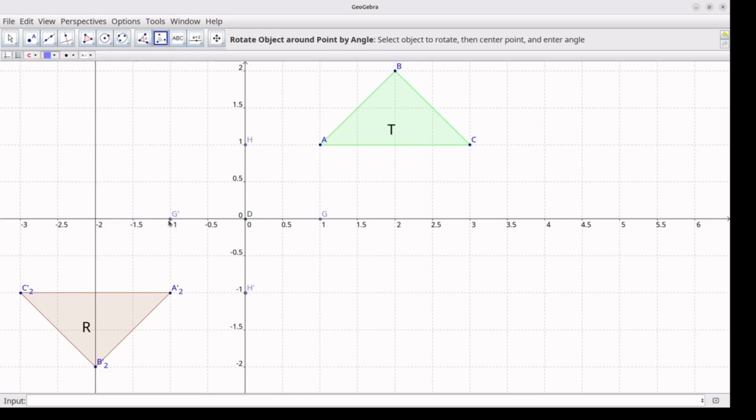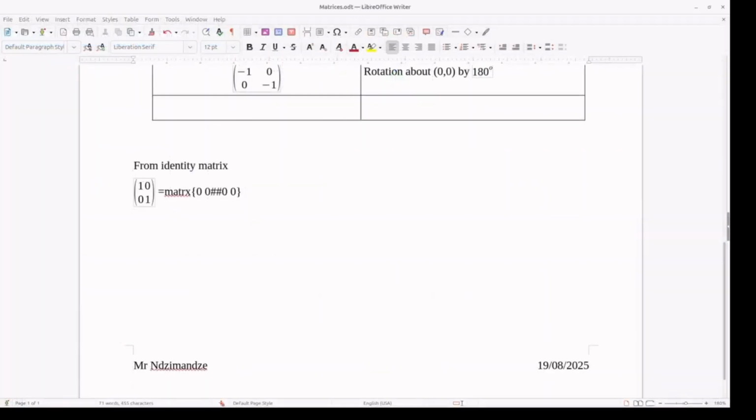So the first column went to (-1, 0), and the second column went to (0, -1).